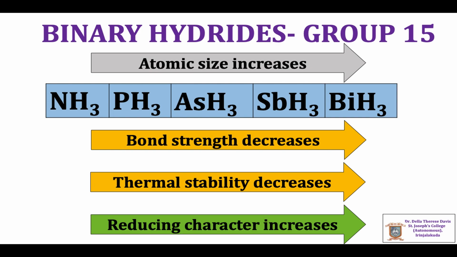Thus, BiH3 is the strongest reducing agent among the hydrides of group 15. The BiH bond is less stable and hydrogen can be easily released, so that it has the strongest reducing character.